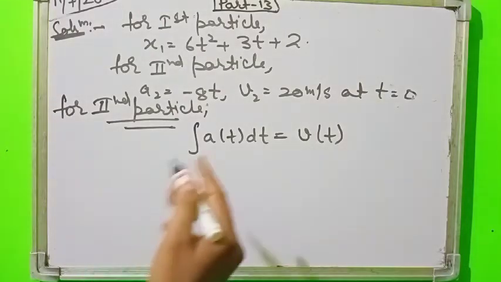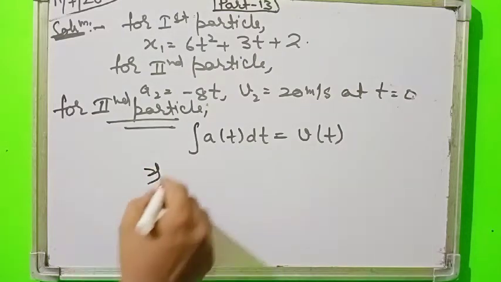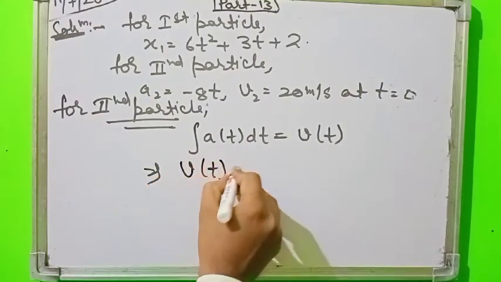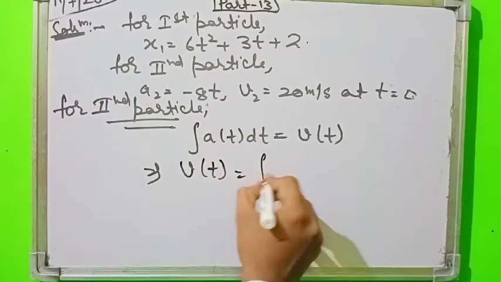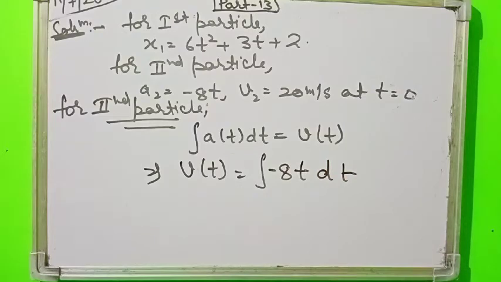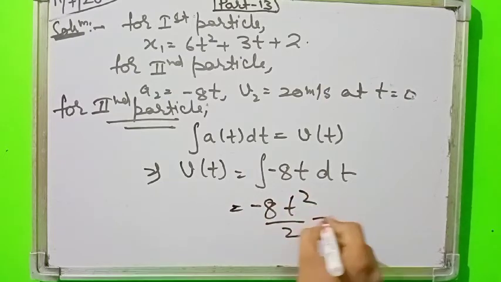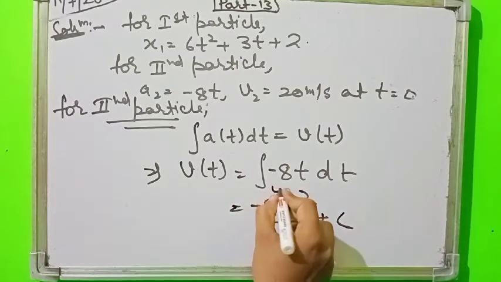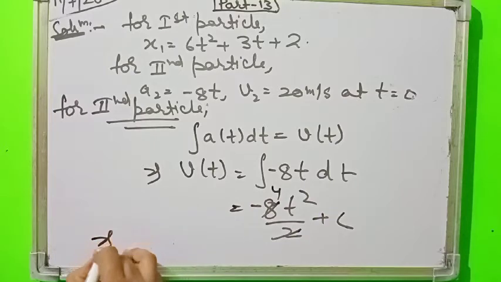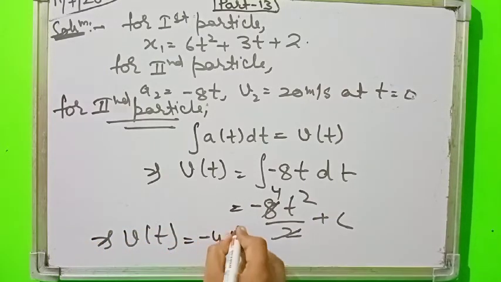Now here acceleration is known to you, so v(t) is equal to integration of minus 8t dt, and on integrating you will get 8t square upon 2 plus c, that is, v(t) is equal to minus 4t square plus c.